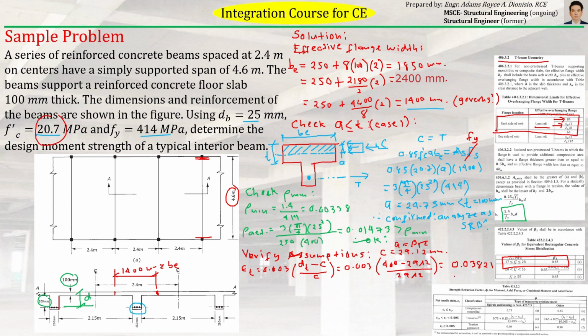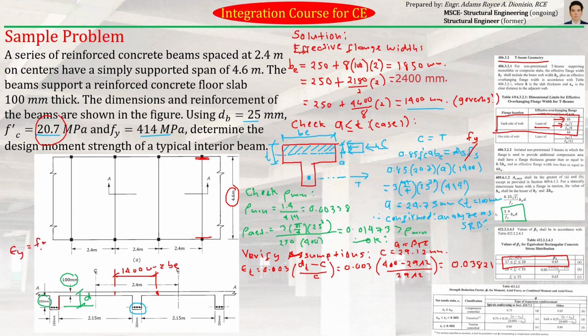Which is, compare muna natin sa yield strain. Check muna natin yung yield strain dito. Yield strain is equal to Fy over Es. Ang Fy natin ay 414. Divide lang natin sa Es na 200,000. So that will be equal to 414 over 200,000, 0.00207.